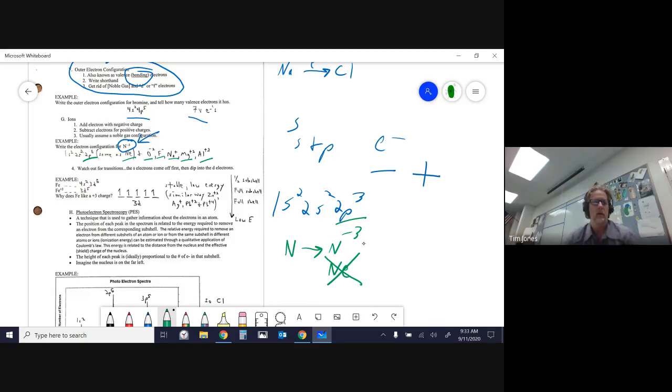Be careful with the transition metals. So look at iron here. This is iron's normal electron configuration that you would do. If we wanted to make a +3 ion, you have to be careful where you take them from. Don't take them from the 3d at first. You want to start in the outer shell.